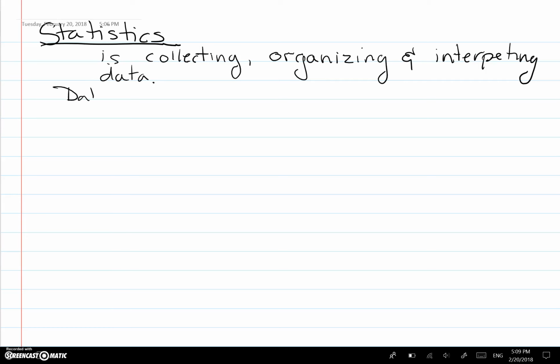And data is just information. That's all data is. It can be in the form of names, it can be in the form of numbers. We're going to deal mostly with information in the form of numbers.